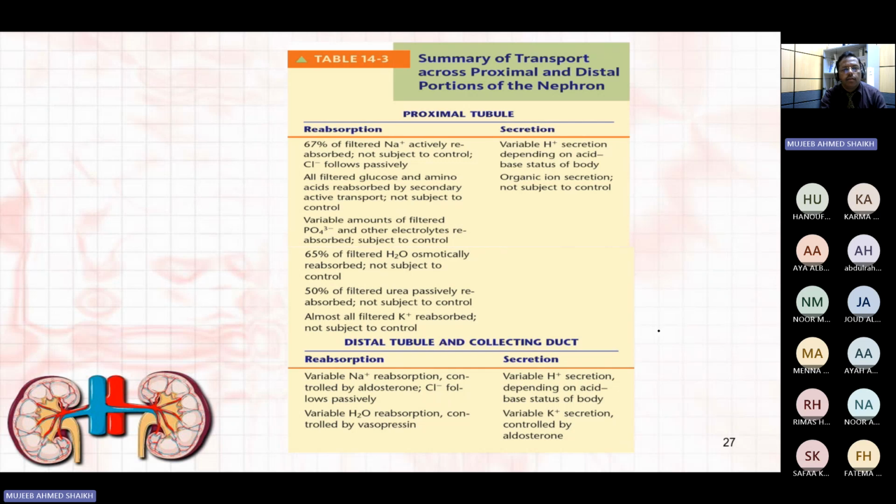You can read it when you are free. It shows what is happening in the proximal convoluted tubule, which ones are reabsorbed, which one is secreted. Similarly, in the distal tubule and collecting tubule, which ions or chemicals are reabsorbed and which are secreted. So it is a summary of the 2 lectures.